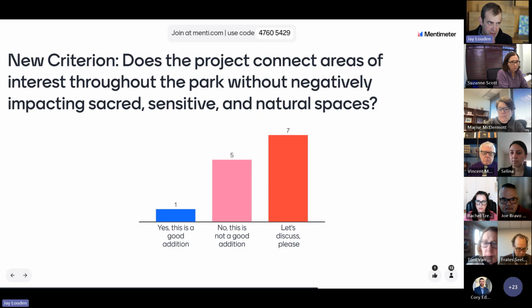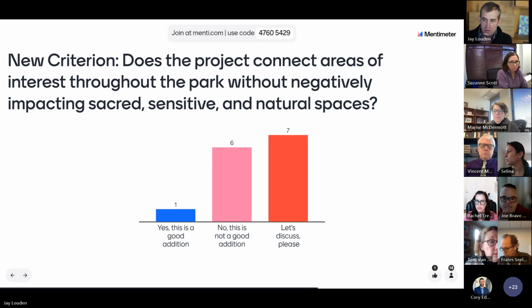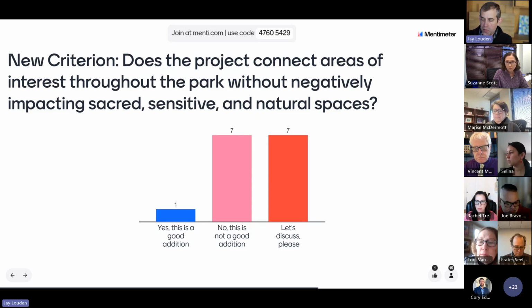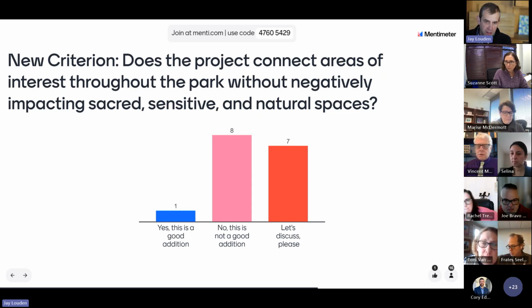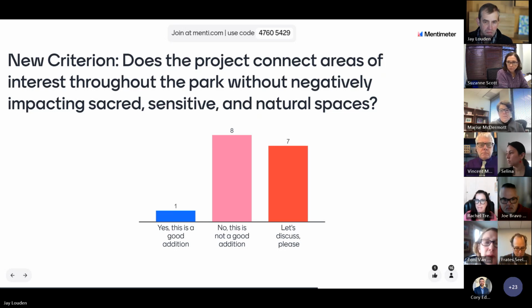I think the weight is kind of shifting against this one here. Maurice's comment, we have addressed respect and balance, whereas this criterion prohibits impact in spaces that are hard to define. I think, Joe, that's your point. I agree that it's covered in other places, and so I'm happy to say let's move on.